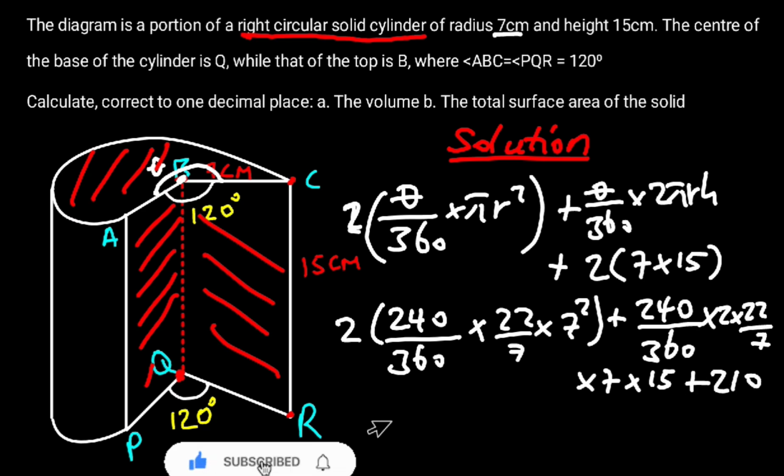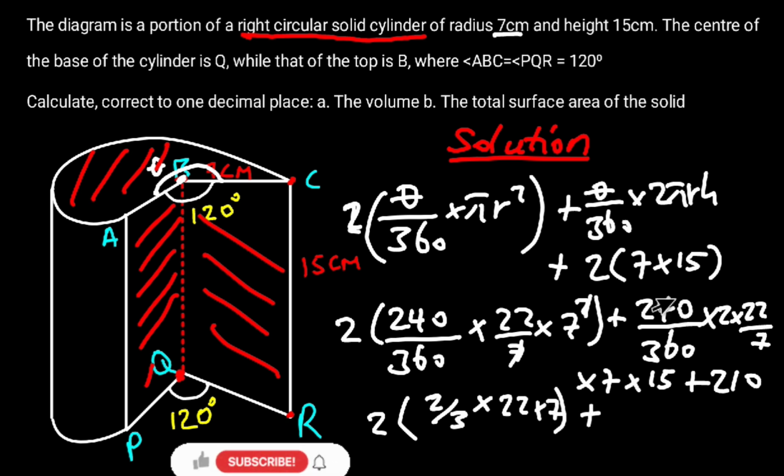So you have 2 multiplied by 240 divided by 360. You're going to have 2 over 3, then multiplied by this 7, and one of these will cancel. We have 22 times 7, then plus 240 divided by 360, which is 2 over 3, then multiplied by 2 times 22, which is 44.